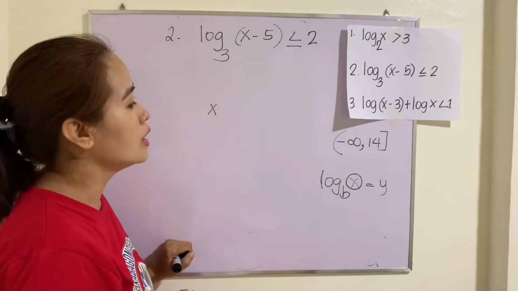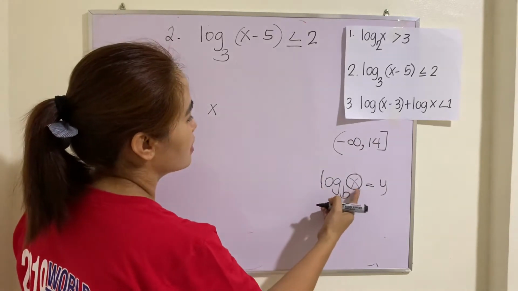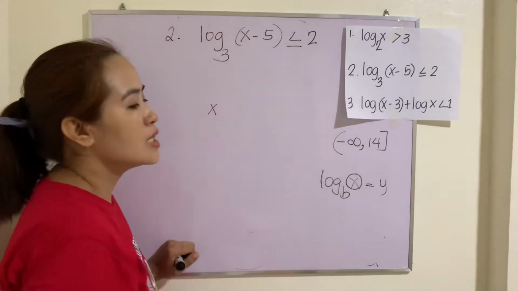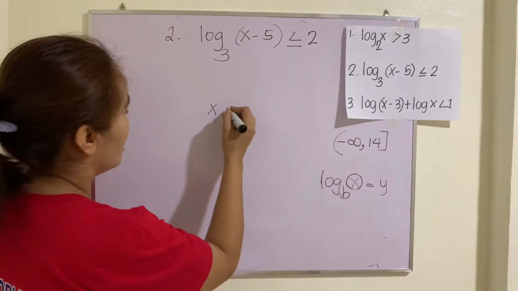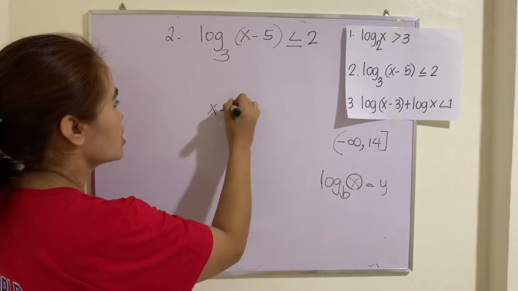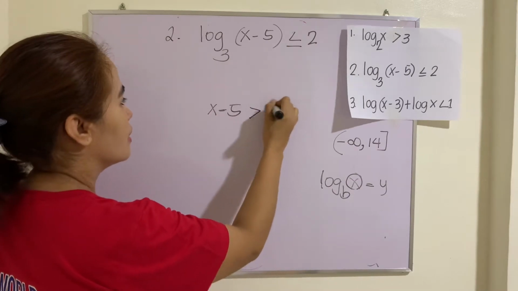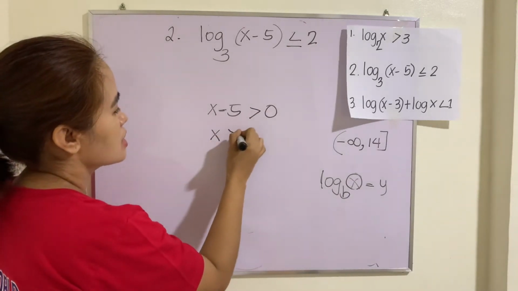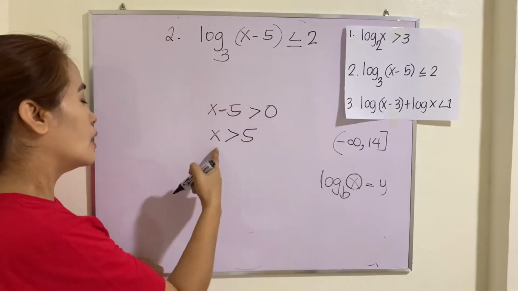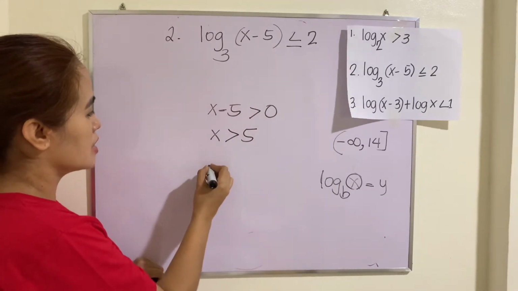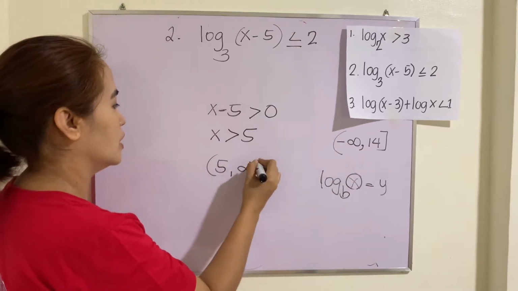So we cannot get a value of this if this one is less than 0. So that will be greater than 0. So that is x minus 5 is greater than 0. So that will be x is greater than 5. So the solution set here is from 5 up to positive infinity.